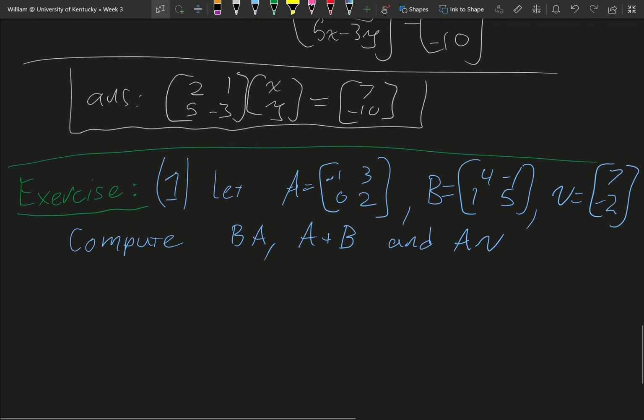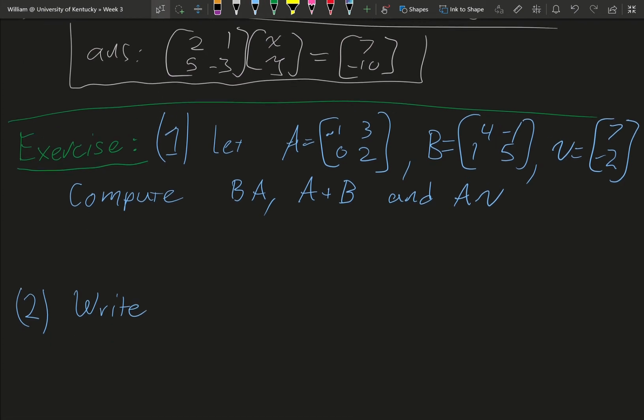And then number 2, write 11x plus 4y equals 5 and 8x plus 3y equals negative 2 as a matrix equation.